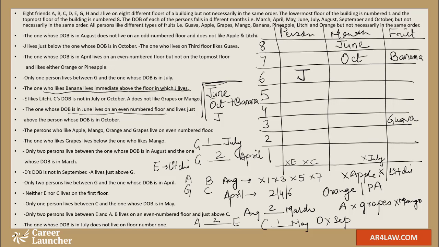Now most of the information we have is about A, G, and E. Two pieces of information: one floor below G is July, two floors below G is April, and two floors below A is E, and we need two consecutive floors for A and G. Let's see where they can be placed.